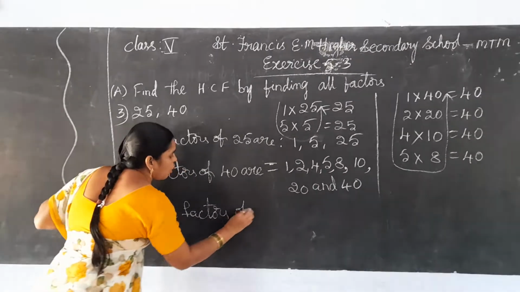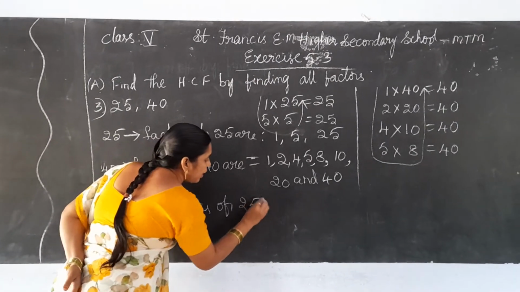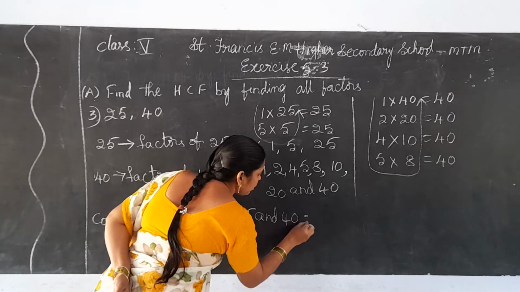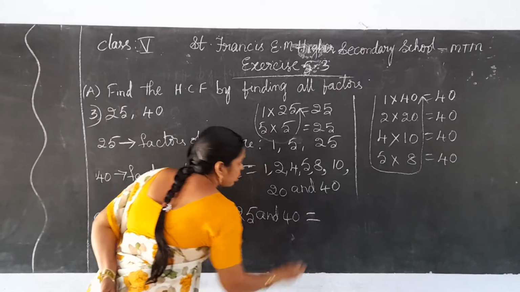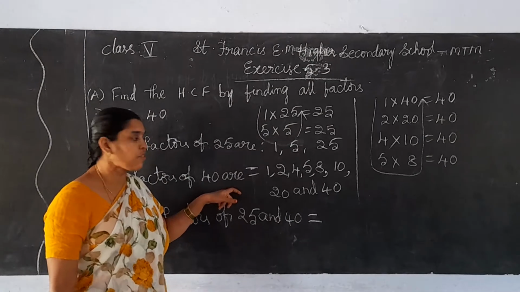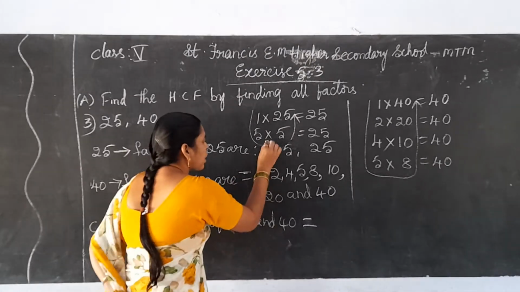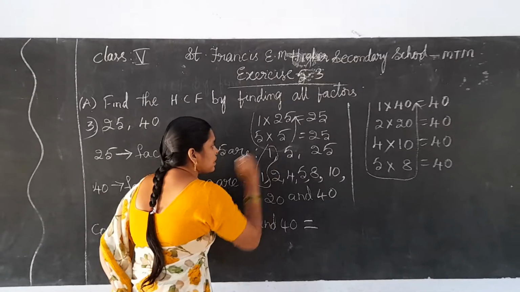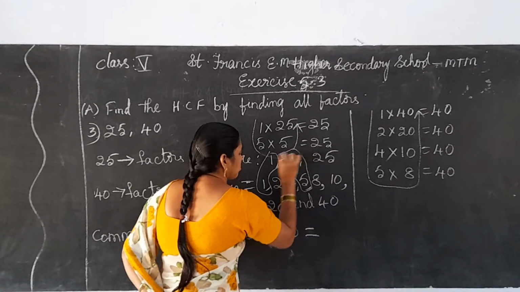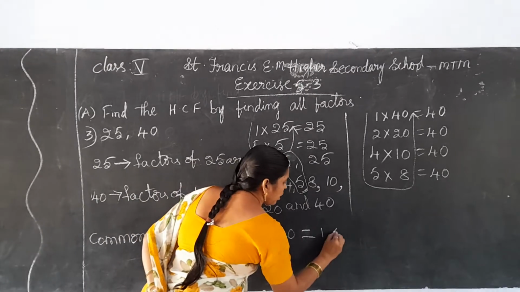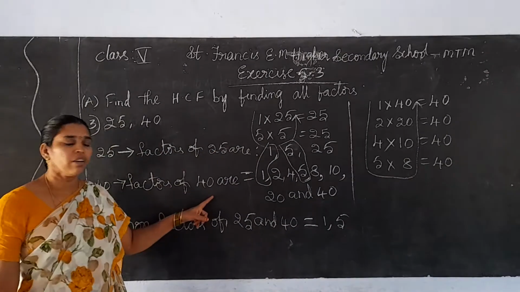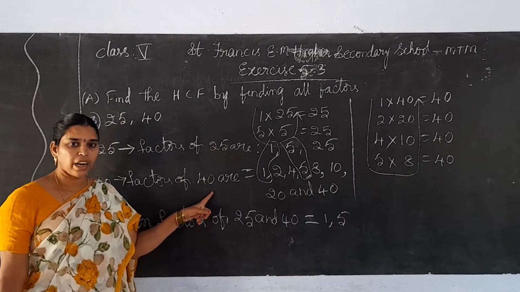Common factors of 25 and 40. Common factors means what? The factor must be in both the numbers. See here, 1 is a common factor for both the numbers, and in the same way 5 is a common factor of both the numbers. These are the common factors of 25 and 40. Right?